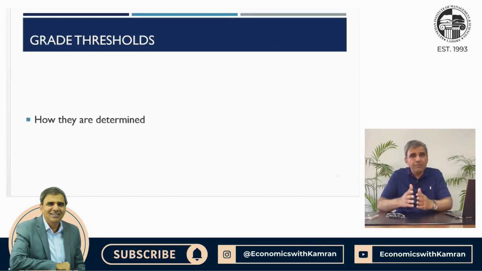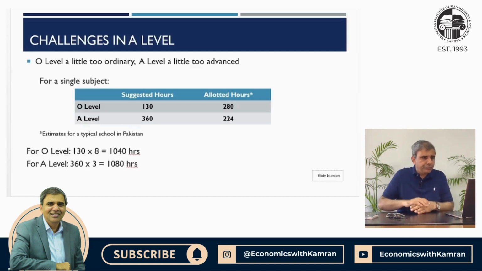Similarly for B grade, this is decided. We decide about the midpoint; for 44 and 42, the midpoint is 43. The 43 exam papers will be distributed among the members, and they will decide whether they will take this 43 paper to A grade or B grade. If the majority says A grade, 43 will be A grade. If the majority says 43 is B, 43 will be a B grade. That's how grade thresholds are determined.